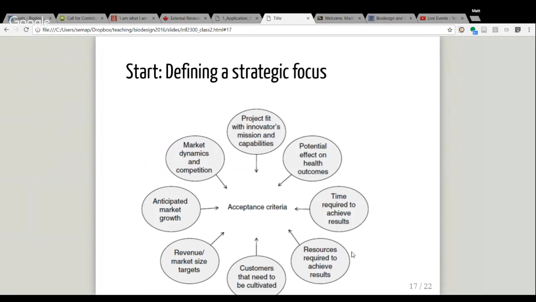Many, I should note again, within this acceptance criteria, which is figure 1.13 from the Biodesign book, remember that market growth and market dynamics and competition and revenue are a key aspect of the biodesign process, but bracket that off for now and think a little bit more about fit with your mission and your capabilities. Think about what kind of effects you might want to have.